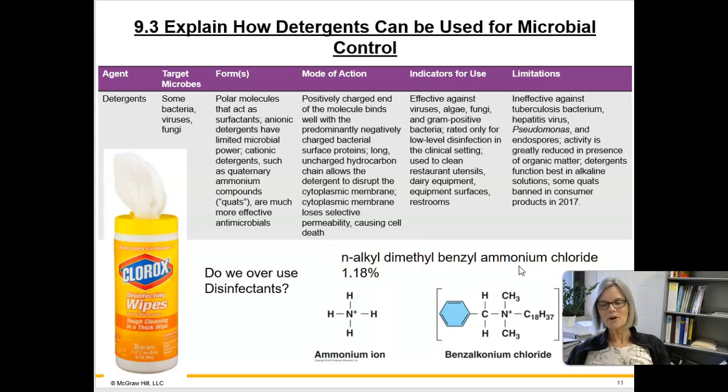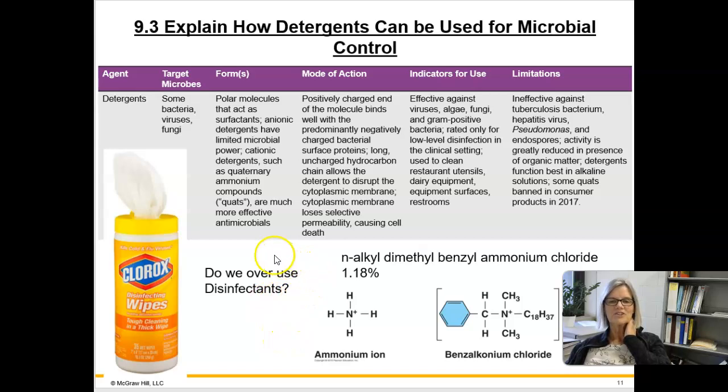If it says ammonium, it's a quat. And that means it's not only a surfactant, it not only breaks up oil so you can rinse off dirt, but it also is a disinfectant. And so a lot of the products we're using are quats, disinfectants.